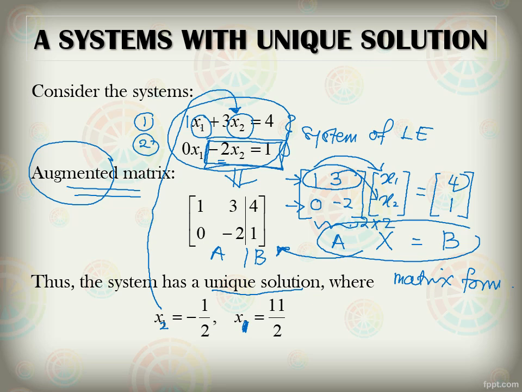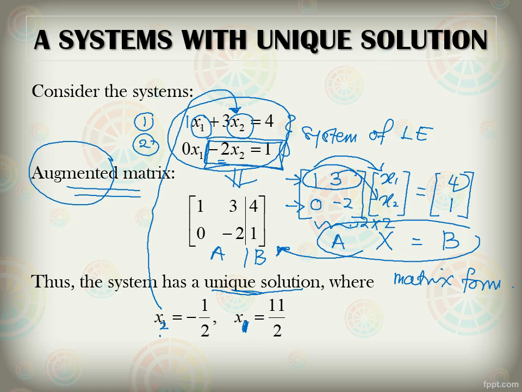This is called unique, because x2 must equal negative 1 over 2 and x1 must equal 11 over 2 so that it can satisfy both linear equations.